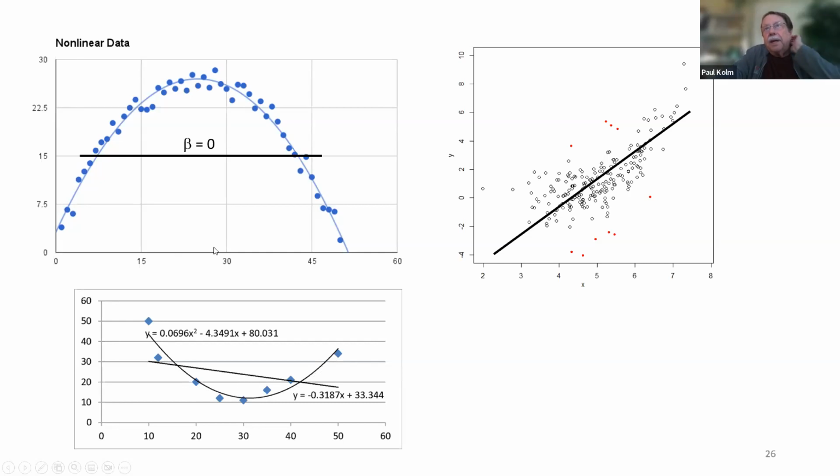And then in the panel on the right-hand side here, we can see that we have a linear model, which looks like it might be okay, but the question would be, would a nonlinear model be better? Would it fit the data better than the linear model? And so we can answer that question.